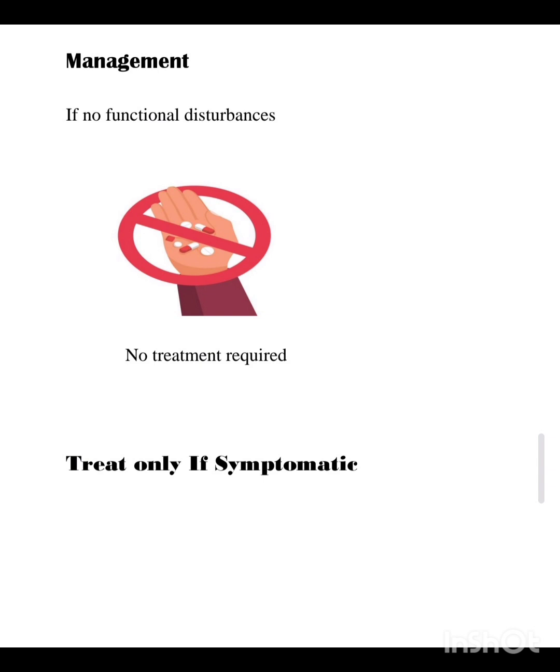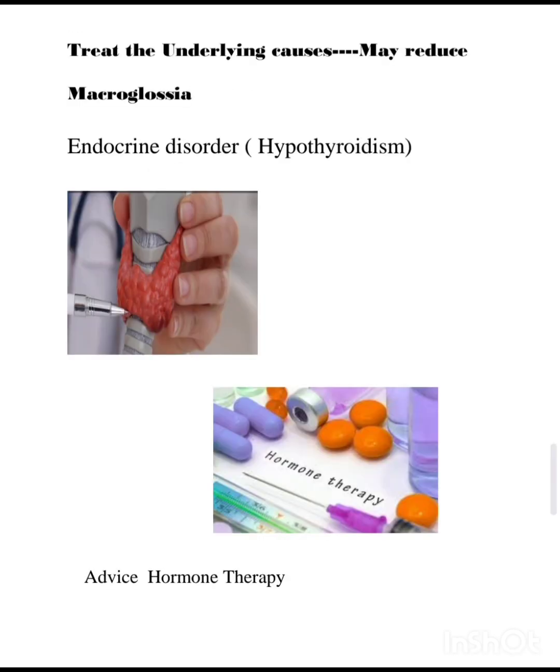Now coming to the management. If the patient does not experience any functional disturbance, no treatment is usually required. However, if the patient's condition becomes symptomatic, treatment should be advised based on the underlying causes.